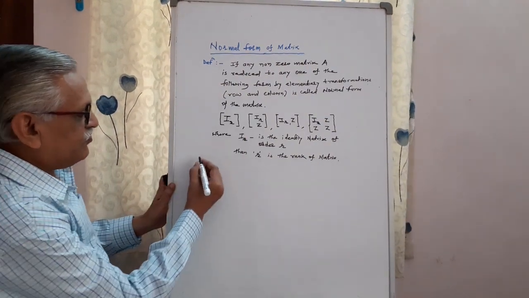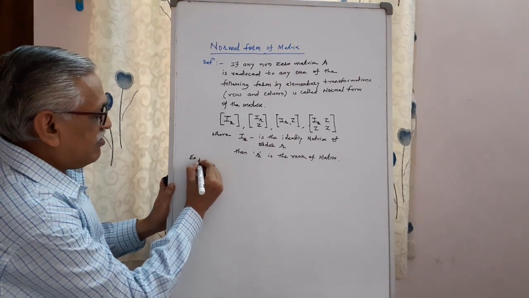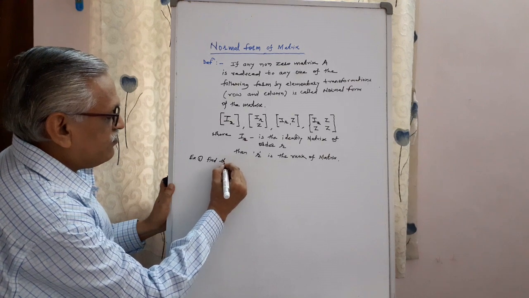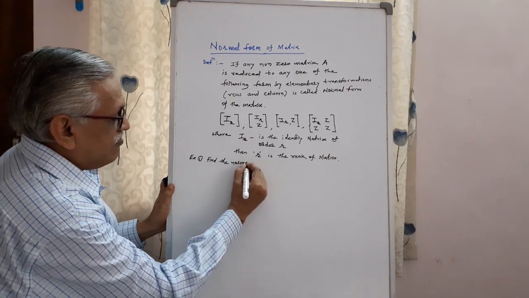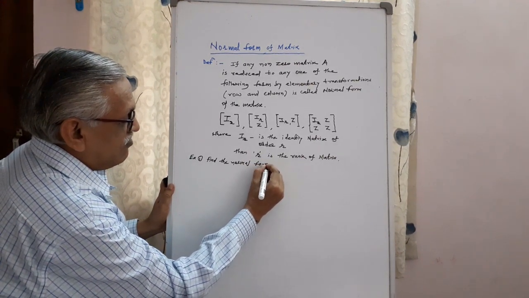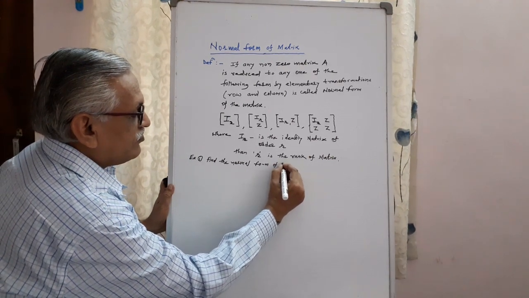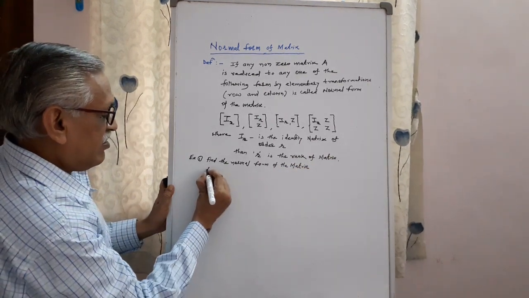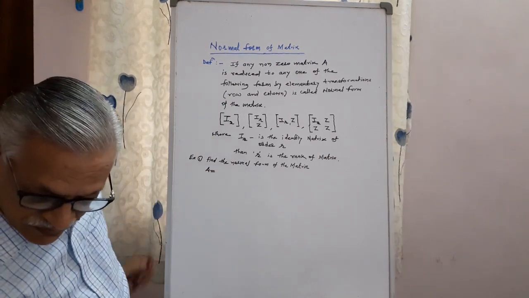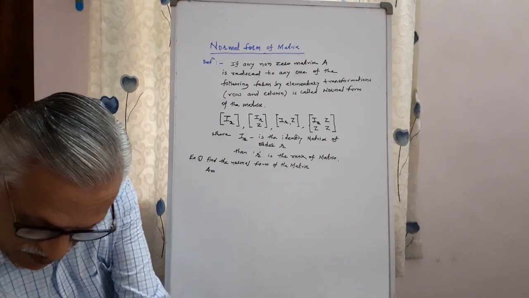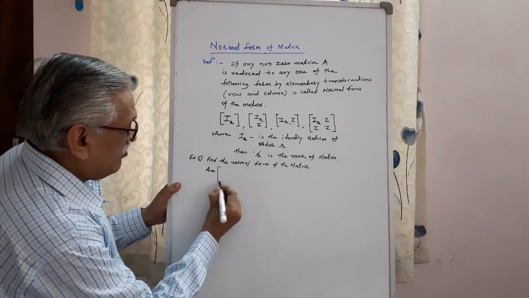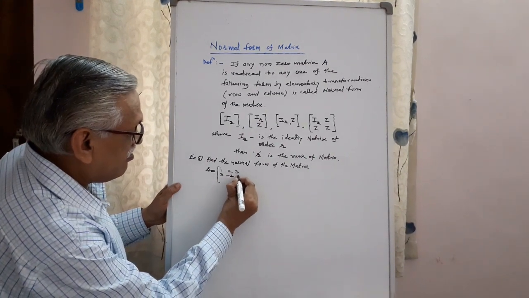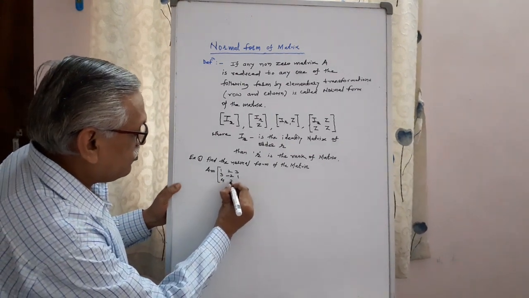We discuss problems. Find the normal form of the matrix A equals 1 2 3, 3 minus 2 1, and 4 2 1.